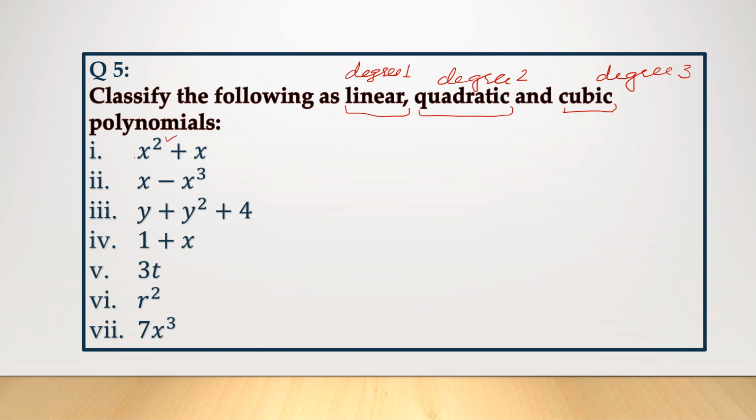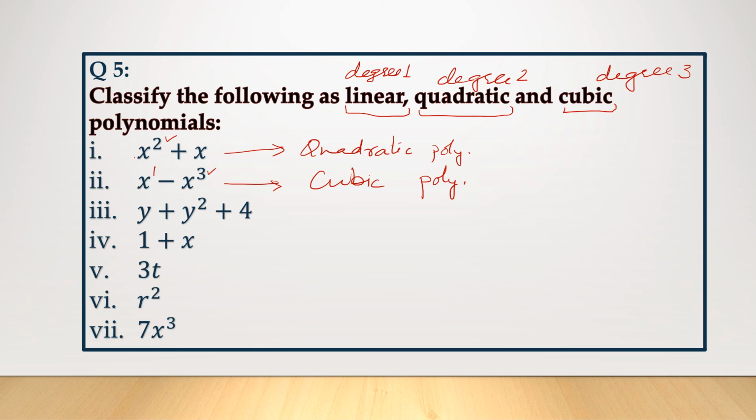So it means its degree is 2, and degree 2 means it is quadratic. This is quadratic polynomial. x minus x cube. Exponent here it is 1 and here it is 3. So highest exponent is 3. So highest power on the variable is 3. So here this is cubic polynomial.